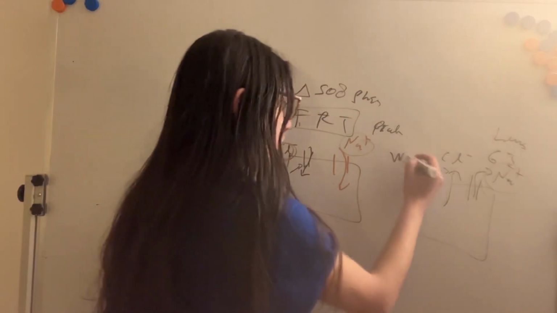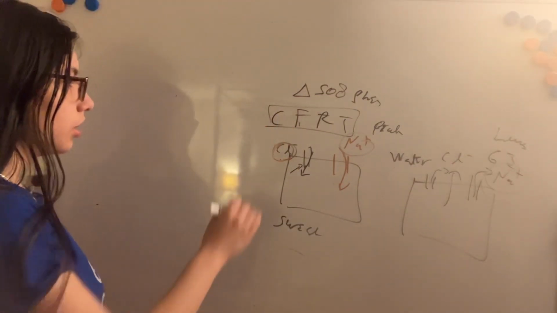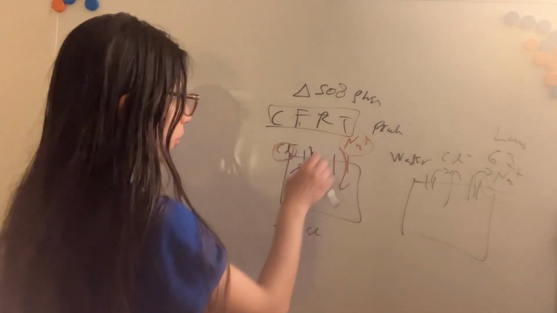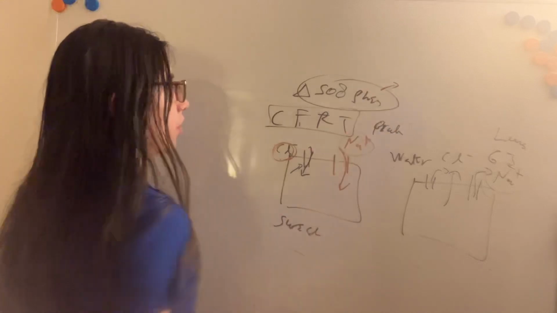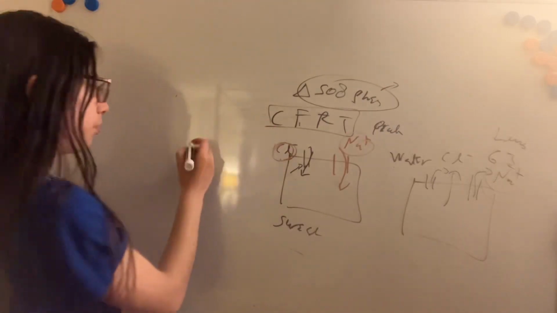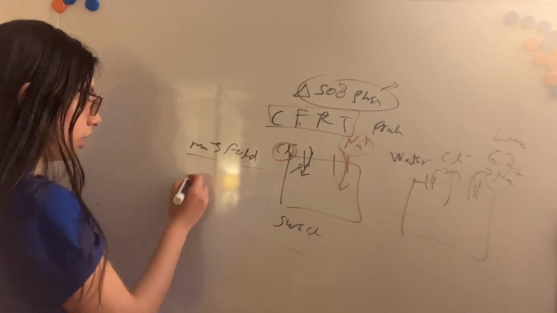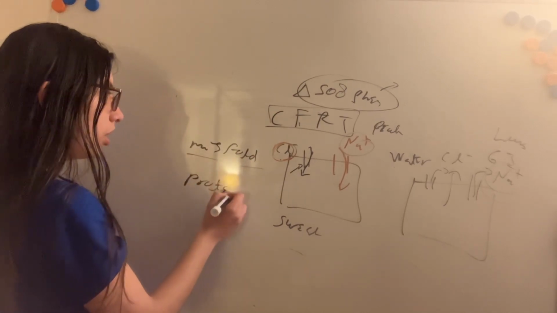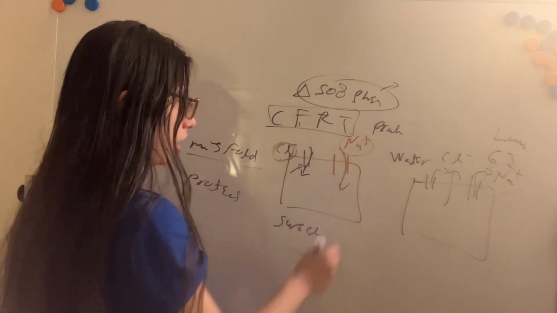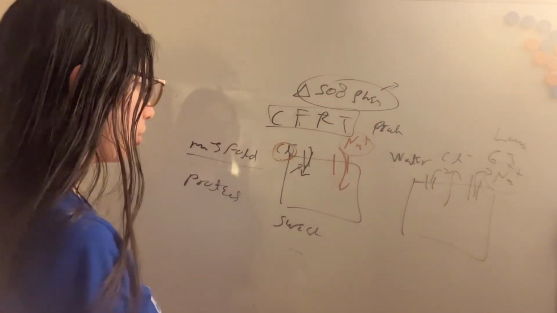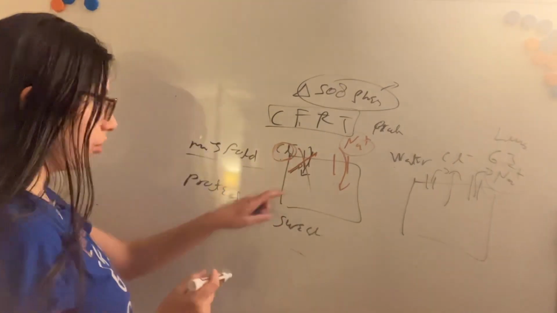So here, water secretion. If there is a mutation in this CFTR protein, there will be deletion of this amino acid, then the protein will be misfolded. It will be degraded in the proteasome, so there will be no CFTR protein here on the surface of the cell, so there will be no reabsorption of the chloride.